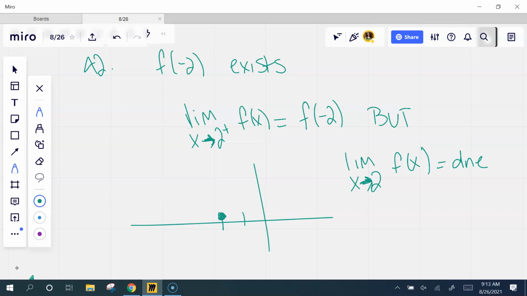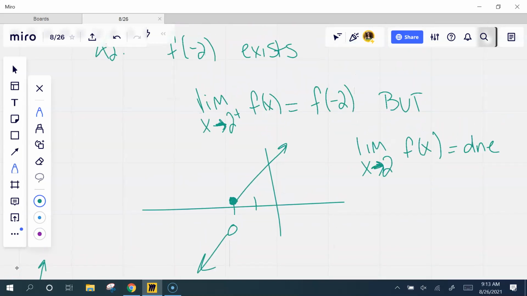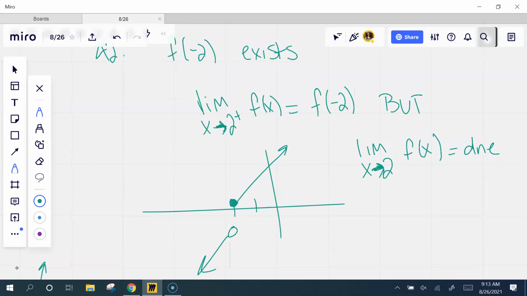F of -2 exists. I'm just going to put a point, and this point is also the limit as I approach from the right. But the whole limit does not exist. Like I put a point at -2, and then 2, 4, and do it like that. Does this work? But that's positive. Oh, I think I wrote it wrong. No wonder y'all are confused.